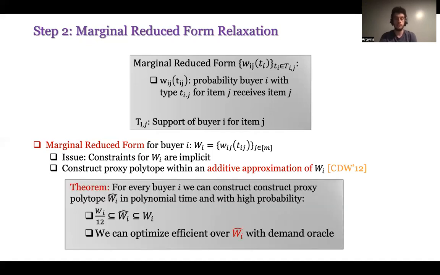To obtain multiplicative approximation of the value of the relaxation, we strengthen the results and show how to construct an explicit proxy polytope contained in the target polytope and that contains a constant fraction of the target polytope. We believe that this result might be of independent interest.